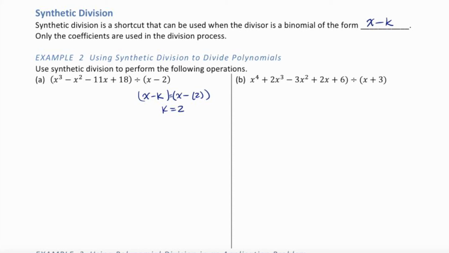So k just equals 2. So this will go on the outside, and then we draw this kind of upside down division table. And so what are the coefficients here? This has a coefficient of 1. The x squared term has a coefficient of negative 1. The negative 11x term has a coefficient of negative 11. And the constant here is just a positive 18.